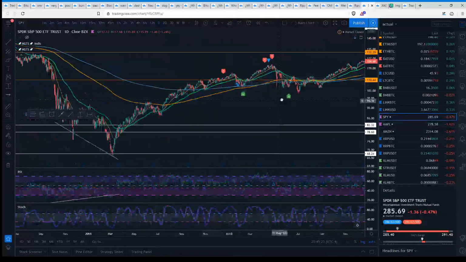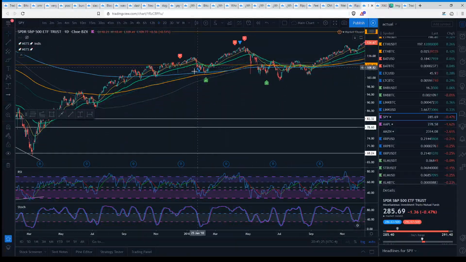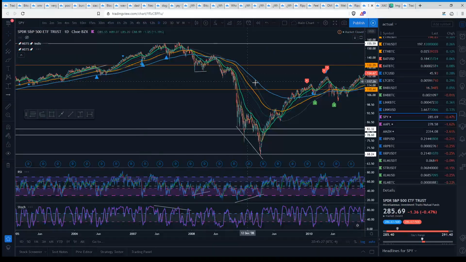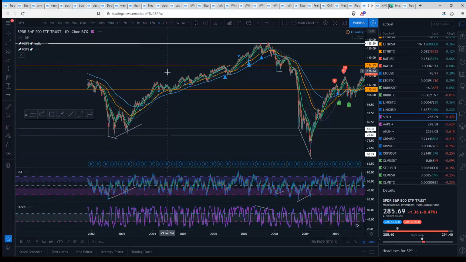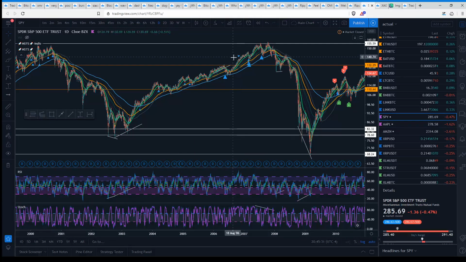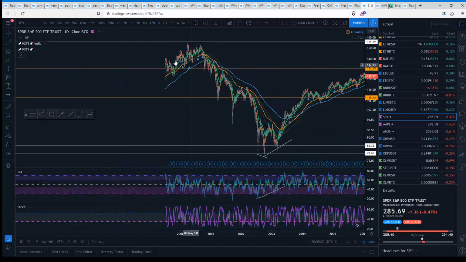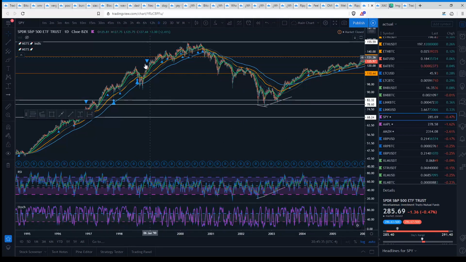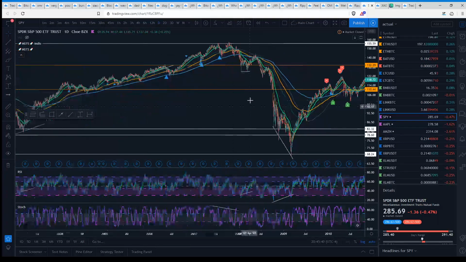Let's check smaller time frames. We have, actually we only have 1, 2, 3 to take profits.